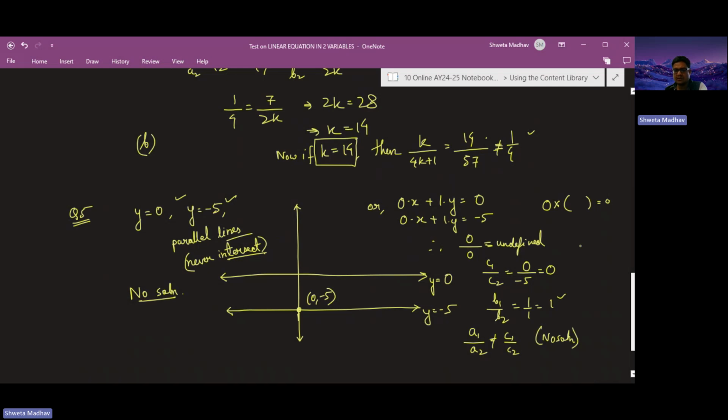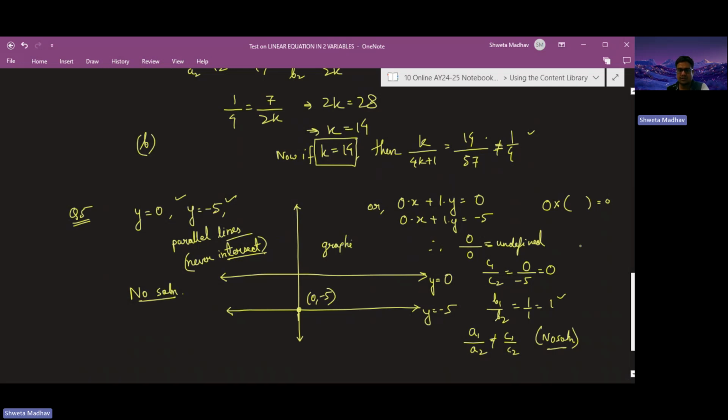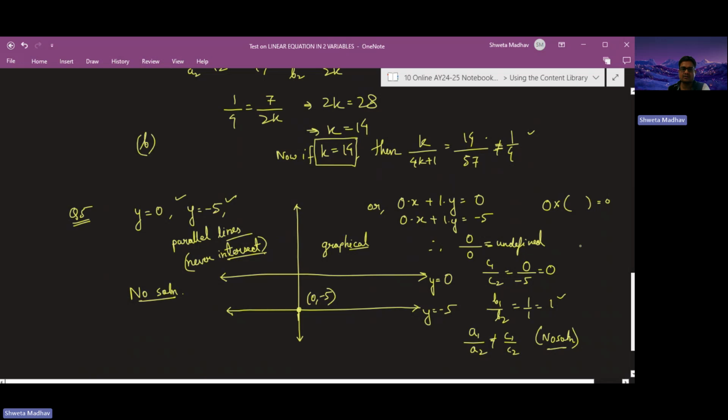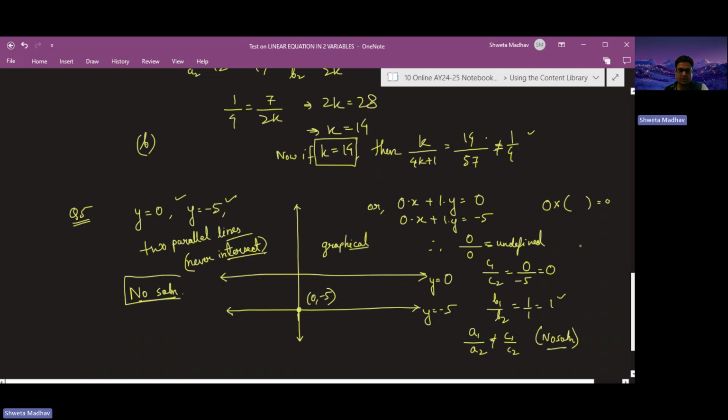So in this way also we can solve it, or by using the graphical concept also we can solve it. So hence they will represent two parallel straight lines. So hence they will not intersect. So hence we will have no real solution in this case. So option D is the correct answer.